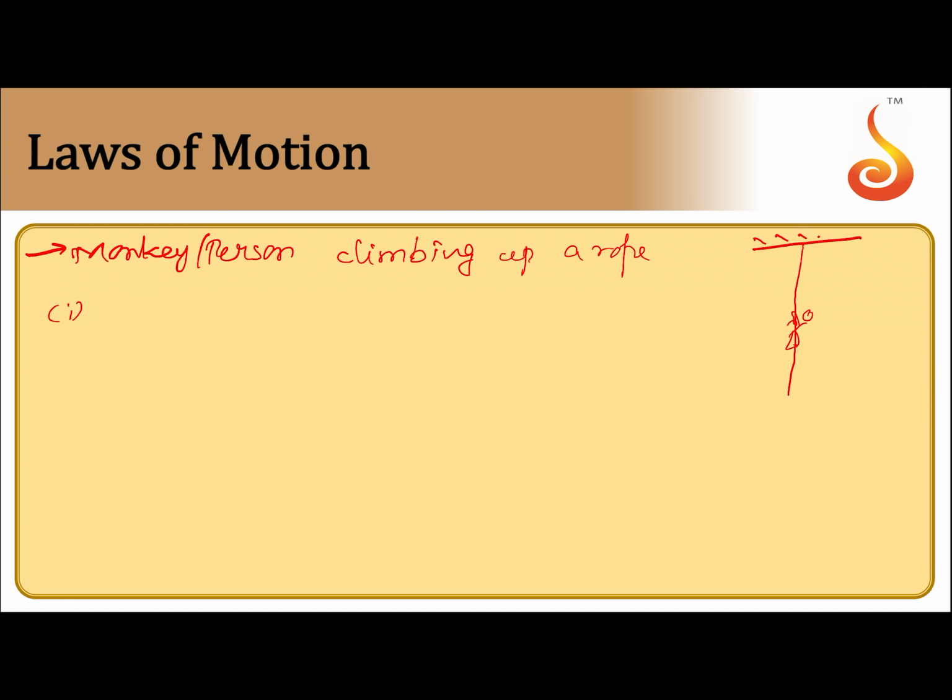Now, first case: if the monkey is climbing up at constant speed, its velocity is constant, because it is a one-dimensional motion. Then what are all the forces?